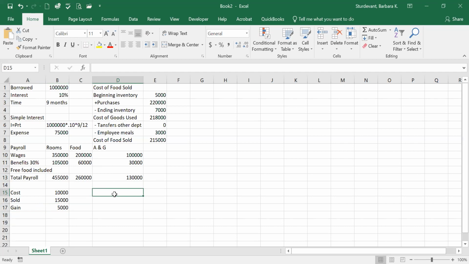Number 7, we have a van that cost $25,000. Sold for 2.